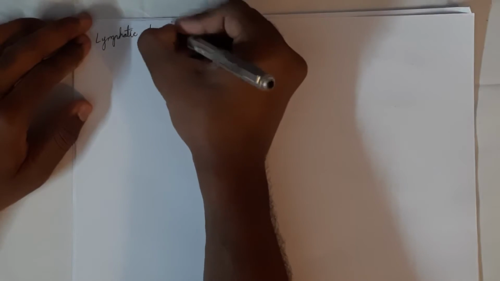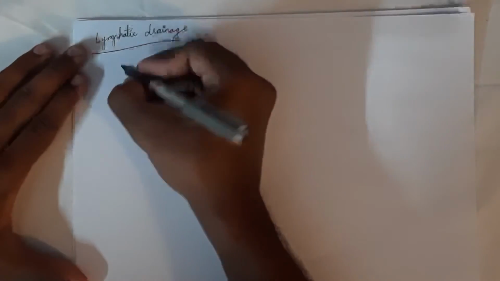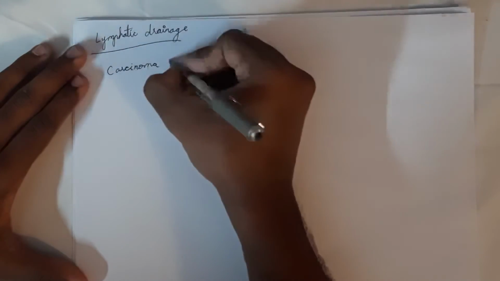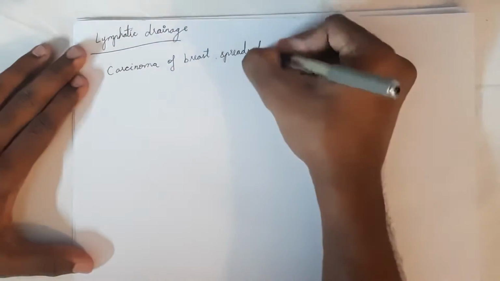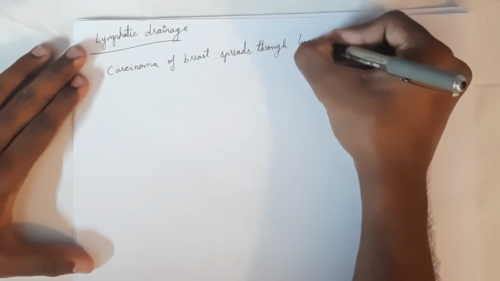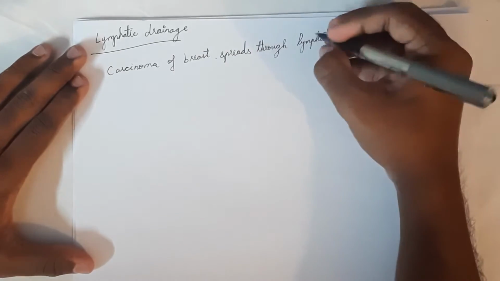And now moving on to the lymphatic drainage. An important applied aspect of lymphatic drainage is that carcinoma of the breast spreads through lymphatic vessels to the regional lymph nodes, from which it spreads to other parts of the body.